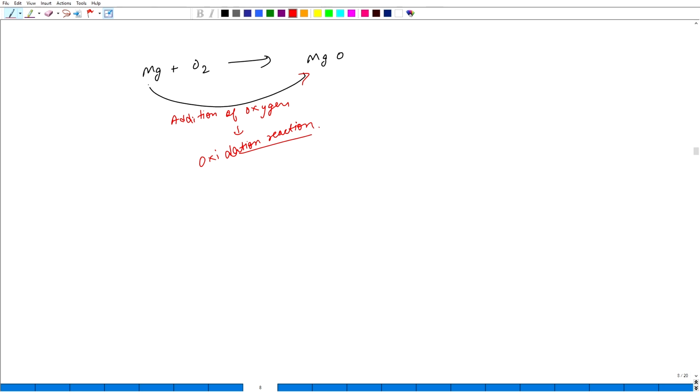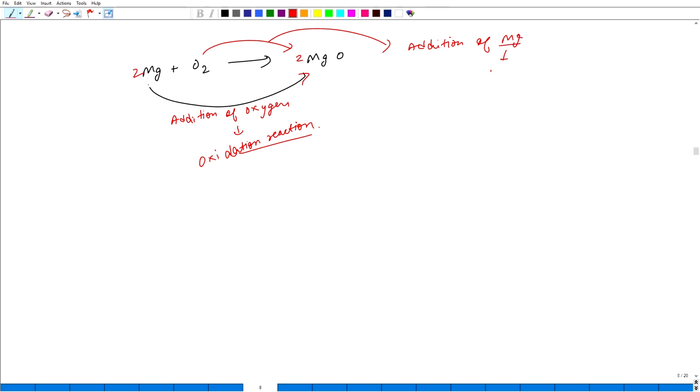Let us say we see from the oxygen perspective. What has happened to oxygen? In oxygen O2, a magnesium has been added. An electropositive element, that is magnesium, has been added to the oxygen. That means, an addition of magnesium. And what is magnesium?